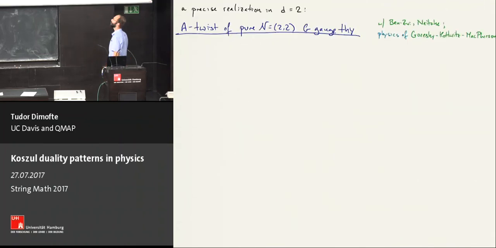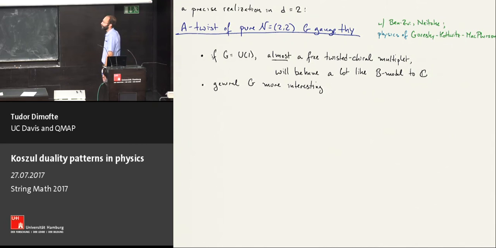All right, so now let me get to the main example of the talk. Again, this is work with David Ben-Zvi and Andy Neitzke. We wanted to consider the A-twist of pure supersymmetric gauge theory in 2 dimensions.